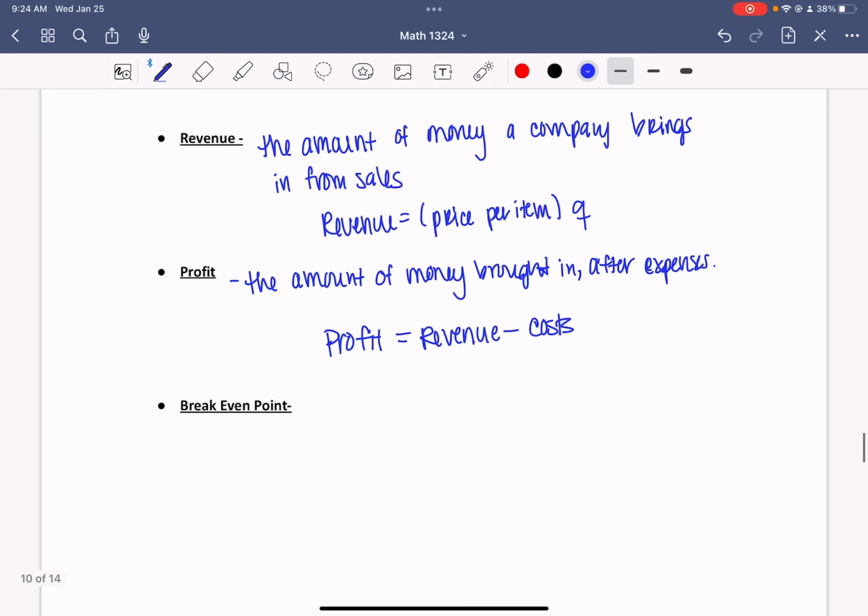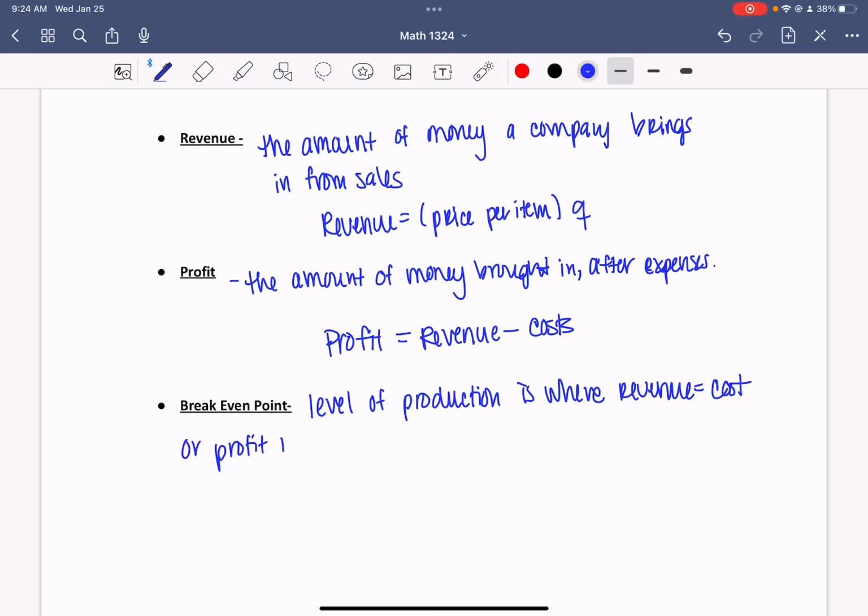Now, in the middle of all that, whether we're making money or not making money, that middle point is called the break-even point. And this is the level of production where revenue is equal to cost. And so the amount of money that's coming in is equal to the amount of money that we have spent, or profit is zero.